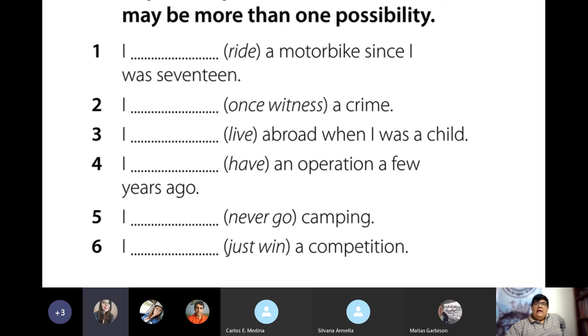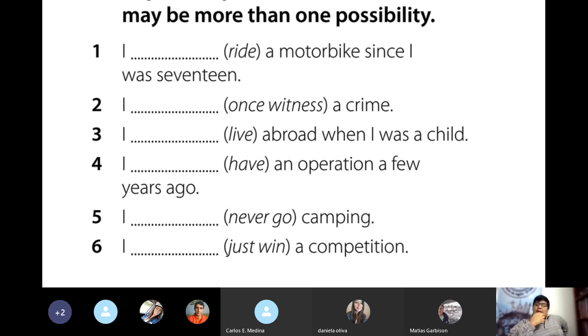Teacher, in number 5 it could be both, past, present perfect simple and present simple: I never go camping. Yes, that is possible.